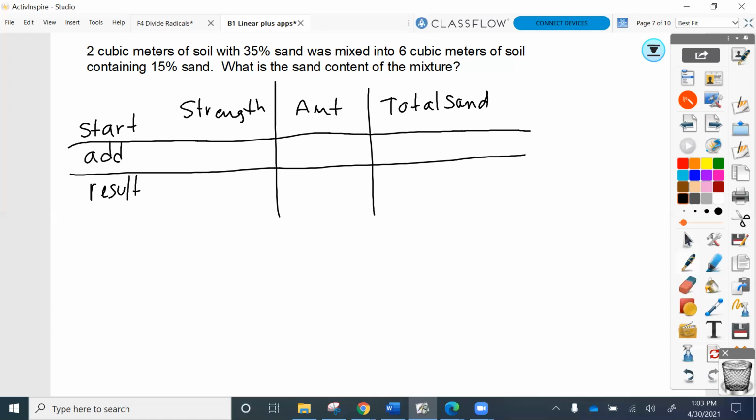Okay, so what did we start with? 2 cubic meters of soil with 35% sand. So we started out with 2 cubic meters of strength, 35%, was mixed into, oops, sorry, I put that in the wrong place.